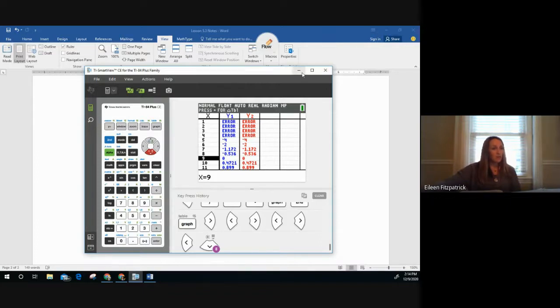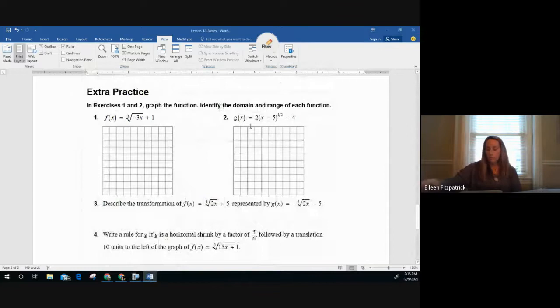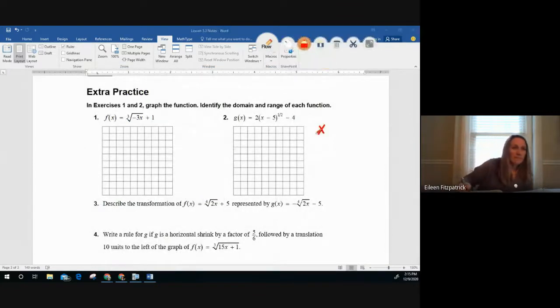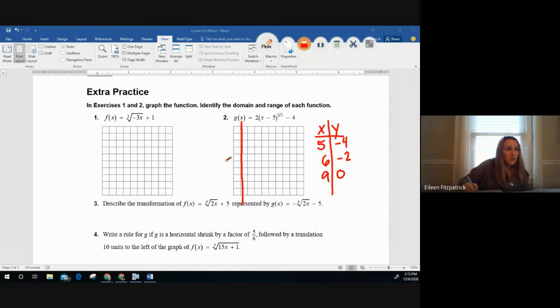So over here, I said 5, -4, 6, -2, and then 9, 0. Now I can start my y-axis all the way over here instead of in the middle. That way maybe I don't have to change my scale, right?